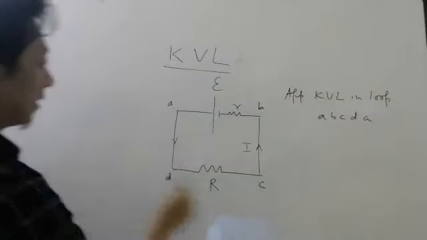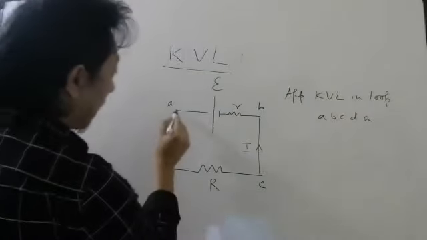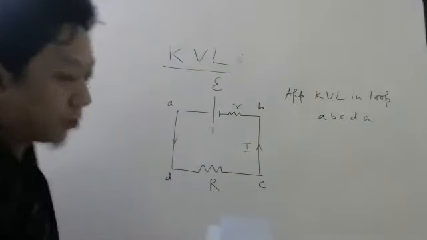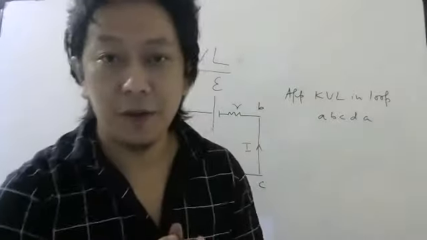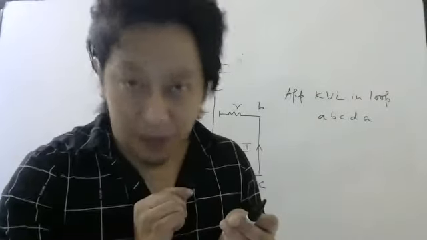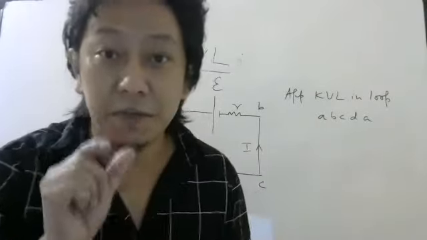So in this loop, let us apply it. I start from one point and I come back to this point. According to Kirchhoff's voltage law, as you move along the circuit there will be some potential differences.